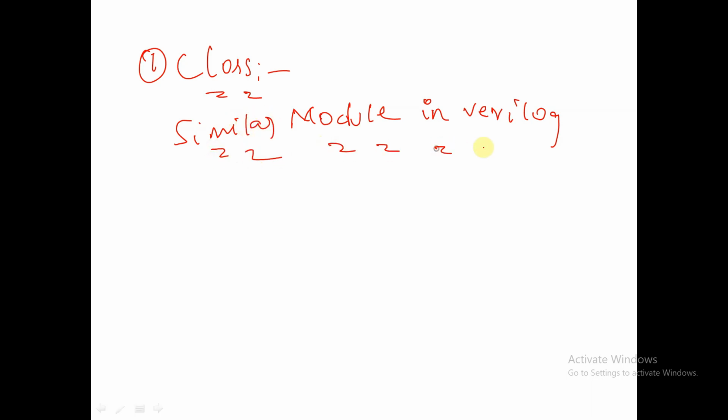In Verilog also, module is a basic building block, and here in SV, in OOPS, class is also a basic building block. So if we want to write anything in Verilog, we will write it in module. Here it is the same, class is also a basic building block. It is like a blueprint.